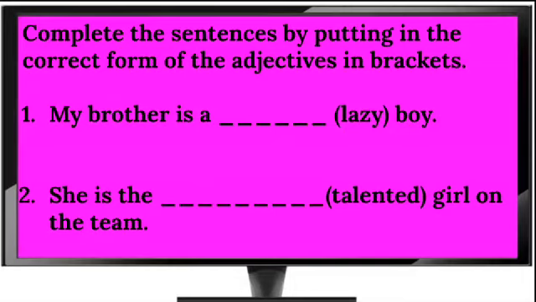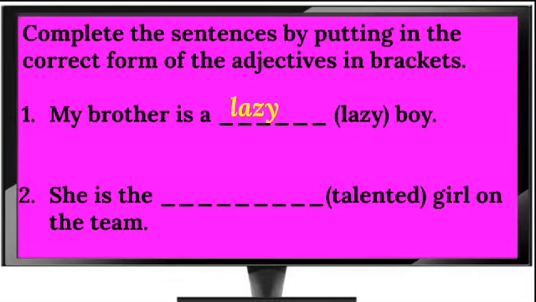And in our next sentence, she is, and we have talented girl on the team. Now my brother is, and my brother isn't being compared to anyone else, so that word lazy remains.